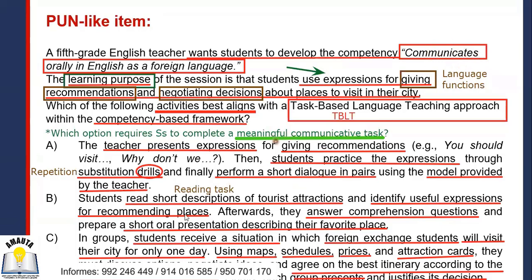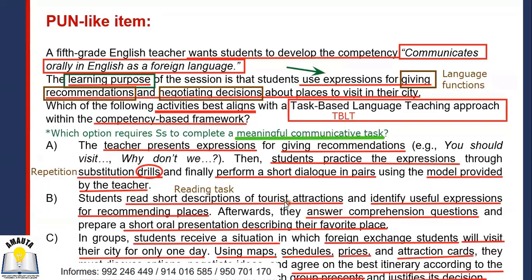Think about it. What about this one? Do students complete in B a meaningful communicative task when they read? Is this aligned to the competency the teacher wants to develop when they read and answer comprehension questions? Are these tasks communicative?